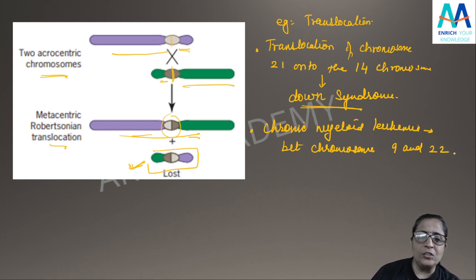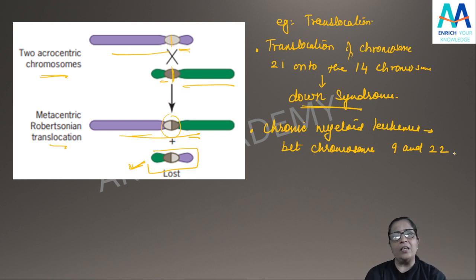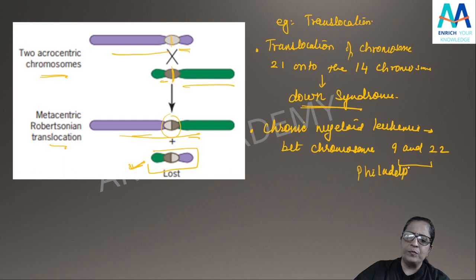These such chromosomes are called क्या? Philadelphia chromosomes. This Philadelphia chromosome forms when part of chromosome 9 attaches to chromosome 22. ये chromosome को हम क्या बोलते हैं? We call it a Philadelphia chromosome.